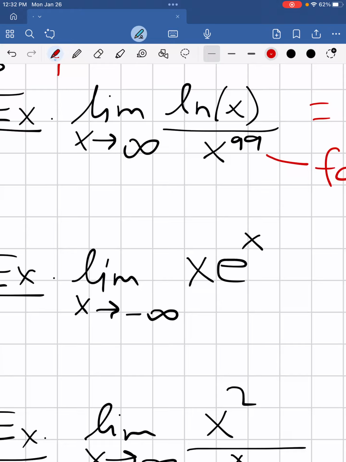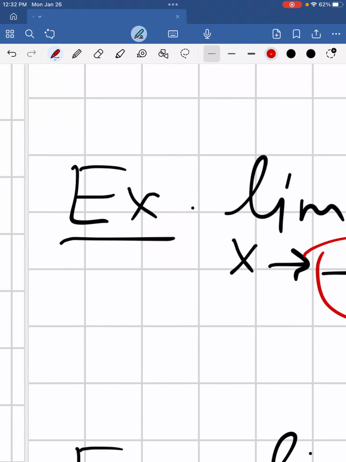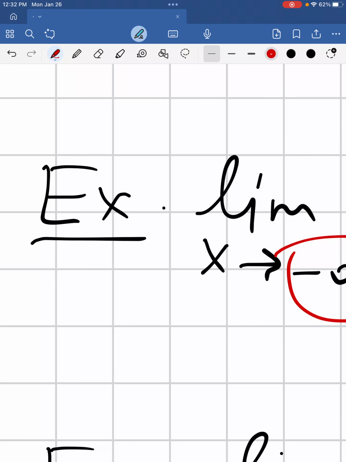That means that we're plugging in negative values for x. And if you remember from algebra, your rules about exponents, if I have some base raised to a negative power, that's the same as 1 over that same base raised to a positive power.